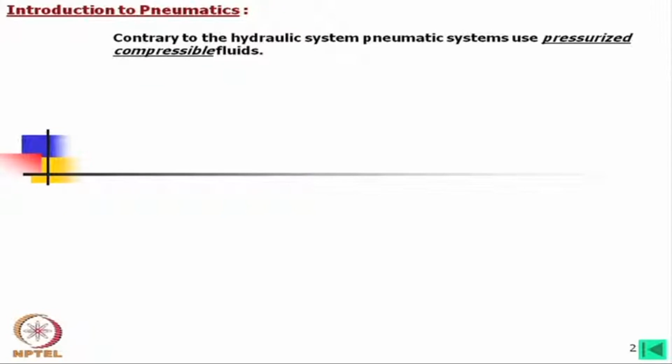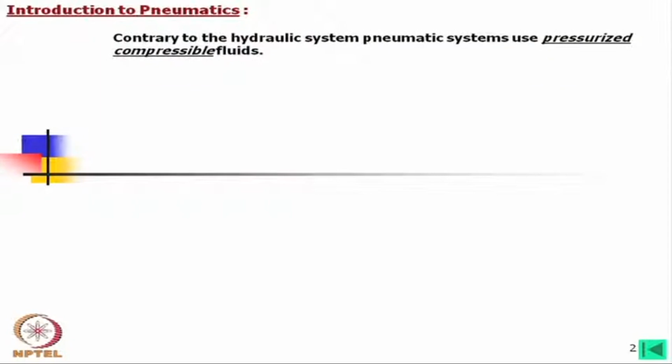But in case of compressible fluids, air or gas, what happens? The fluid after utilization is exhausted to the nature, and in that way the pressure of the fluid reduces. So, for a constant pressure system, it is not that much suitable. Also, it is not suitable for very high power.